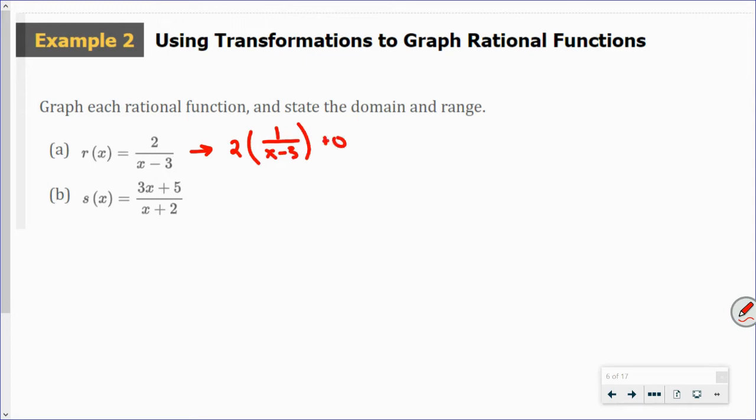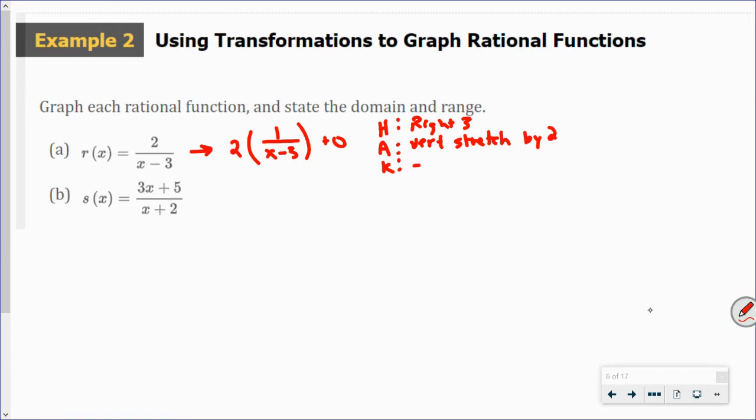Okay, so my h, a, k, we don't have a b. So h would be this 3, so we're going right 3. A right here, so we've got a vertical stretch by 2. And then we're not going up or down any.